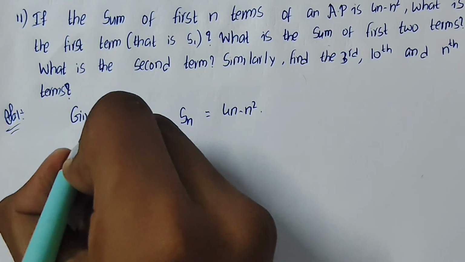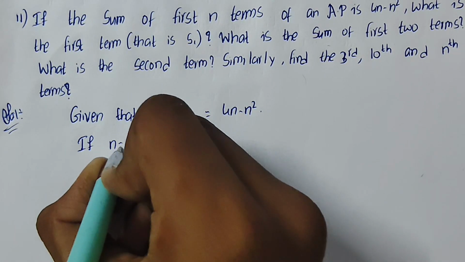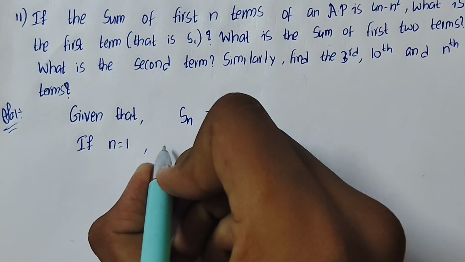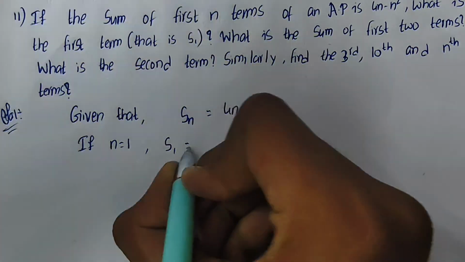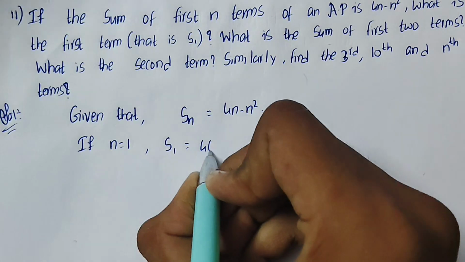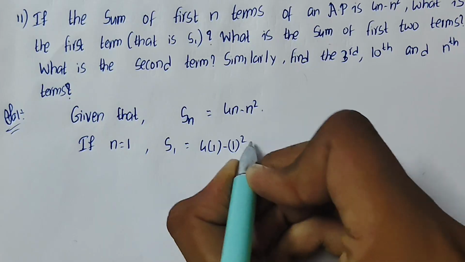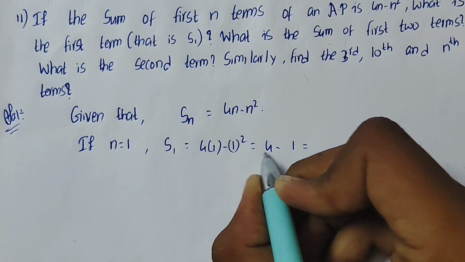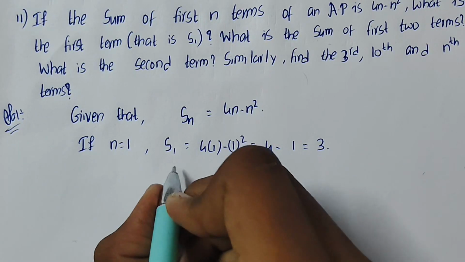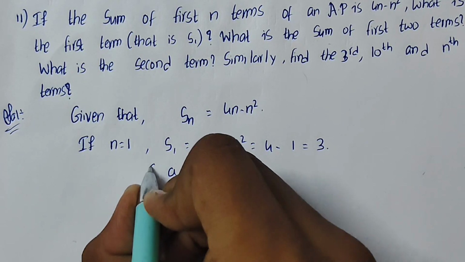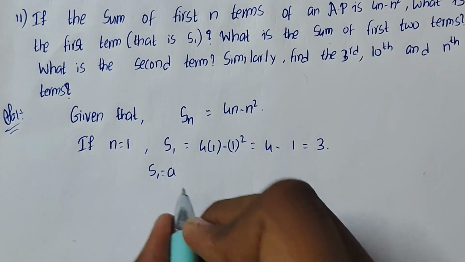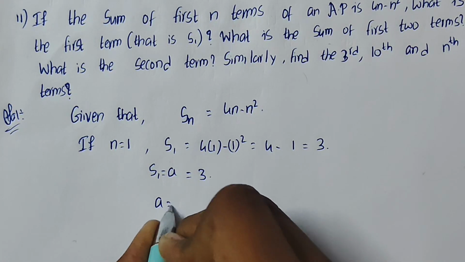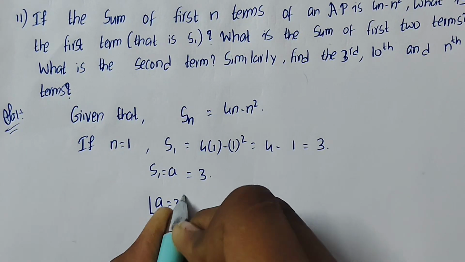If the value of n is equal to 1, then S1 is 4 of 1 minus 1 square, which is equal to 4 ones are 4 minus 1. 4 minus 1 means 3. S1 is equal to the first term, which is A. We got that it is 3. So A is equal to 3. This is the first one.